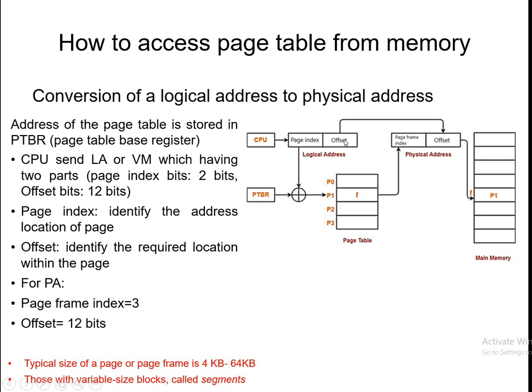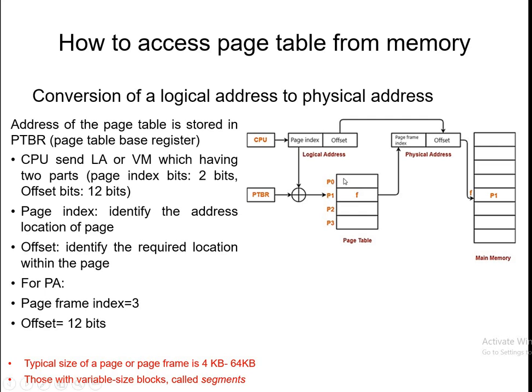That is why the offset in this example will be 12 bits, since 2 raised to power 12 is equal to 4K. So 12 bits are reserved for the offset of the logical address, and the same number of bits will be there in the physical address as well, because the size of one page is the same as the size of one frame.